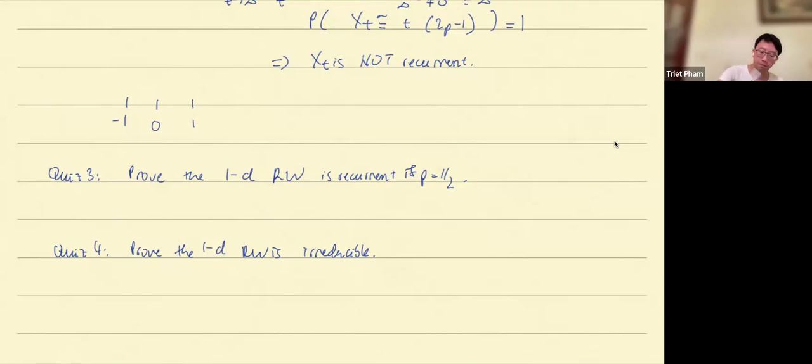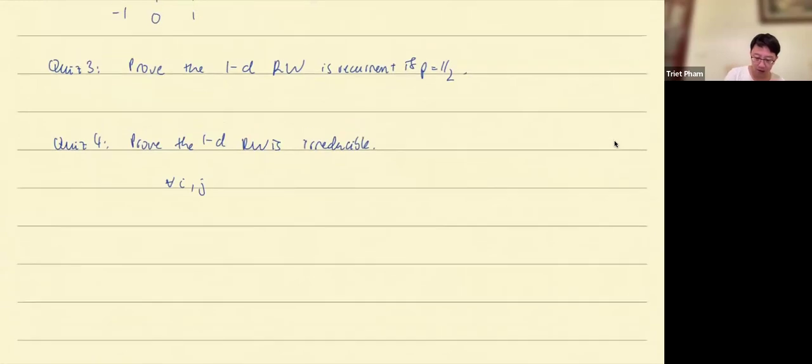Well, what does it mean? It means that you have to prove for all i, j, i goes to j, and I think that's enough. Because this is for all i, j, so if you switch the roles, it's also j goes to i. So you don't have to do both. For any state, you can go from one state to another.